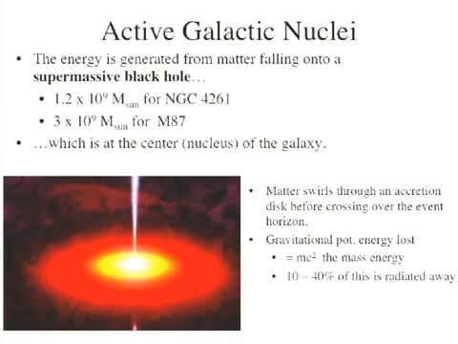Of the rest mass energy of this material as it falls in, we think that the amount that's radiated away is somewhere between 10 and 40% as it spirals down to the center of this black hole. 10 to 40% is a huge amount of energy. Remember that the mass of this thing is already of order 10 to the 9th solar masses. It's stunningly large.